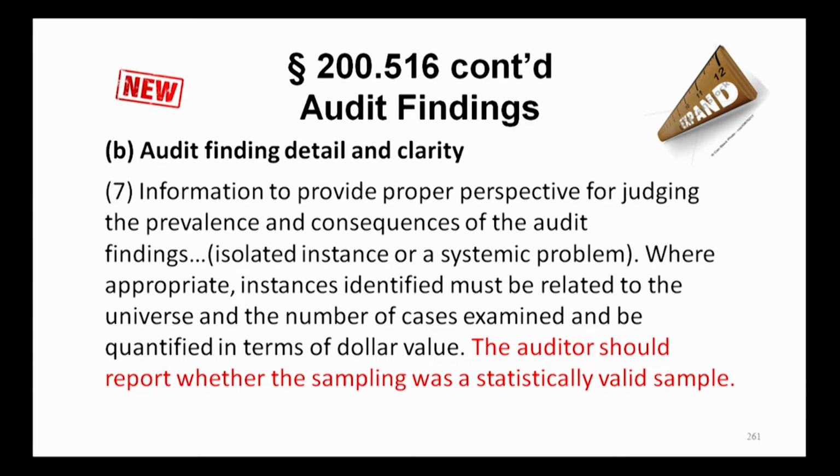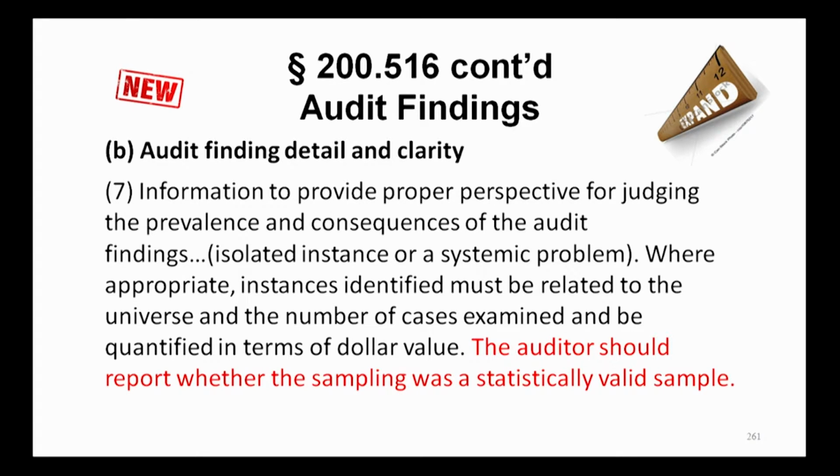This is important for this last sentence in paragraph 7 that was added, regarding the number of cases that were examined and how they quantified the questioned costs and dollar value. So the auditor is required to state or should report whether the sampling was a statistically valid sample.